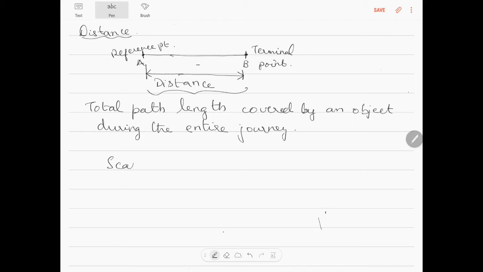It is a scalar quantity because it has only magnitude. For example, 4 kilometers distance, 3 meters distance. So it is a scalar quantity.